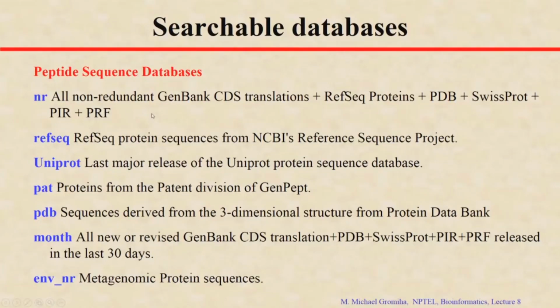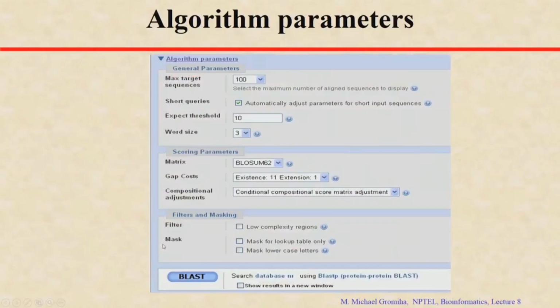The widely used one is the non-redundant datasets, whether RefSeq proteins or the PDB or UniProt and so on, or you can use NCBI's reference sequence project, or the latest UniProt release or any data in the UniProt database. Likewise, we can give different databases like PDB or any specific latest data from a particular month and so on.